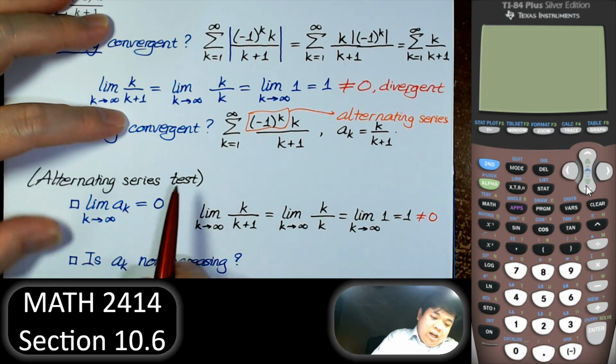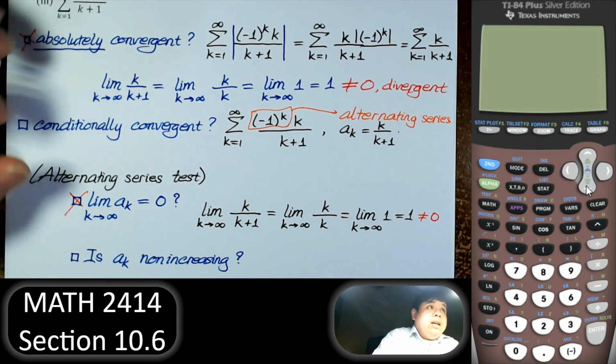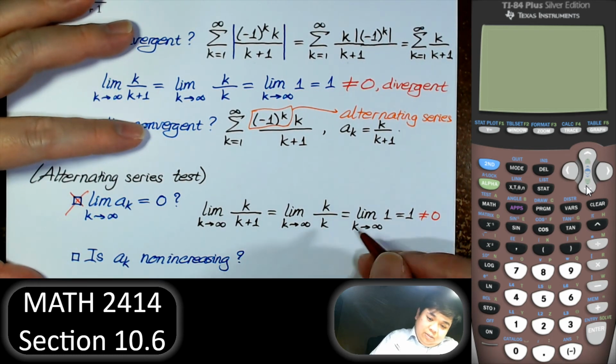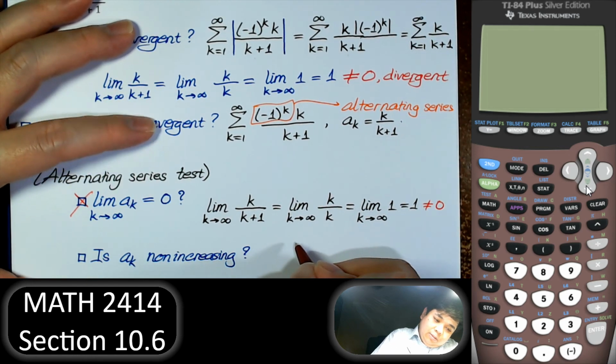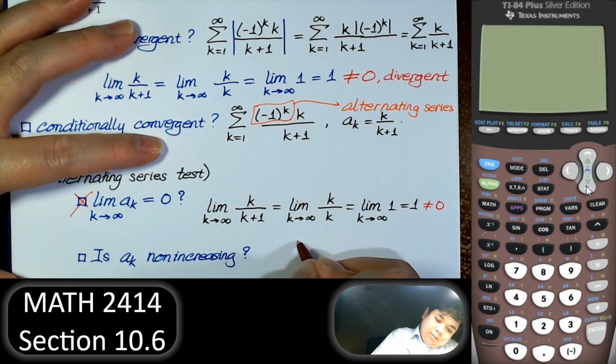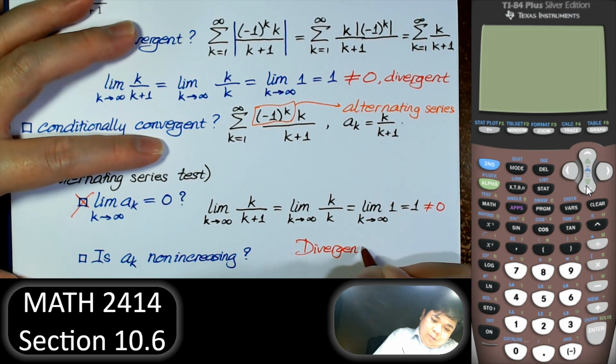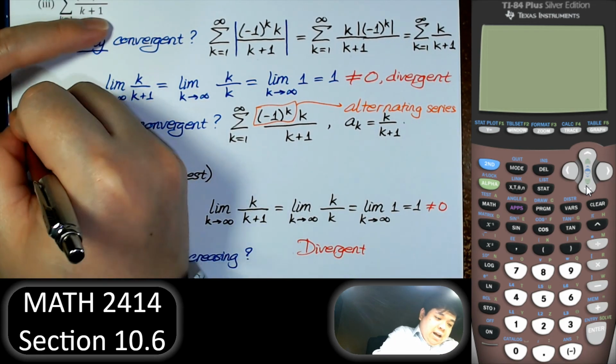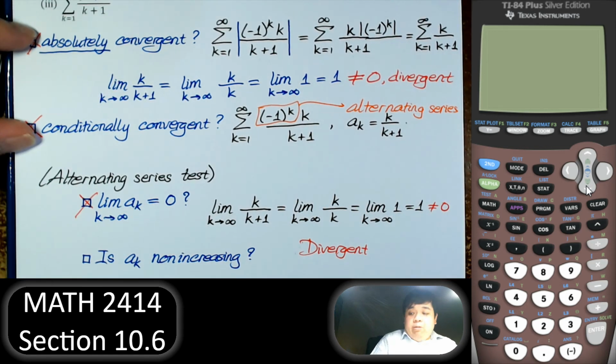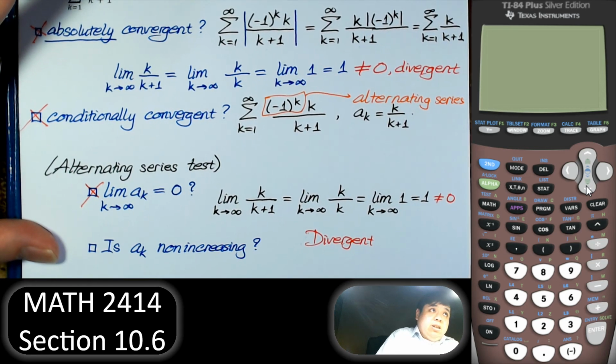So by the alternating series test, this is divergent. So that fails as well. Since both of them fail, the series is divergent.